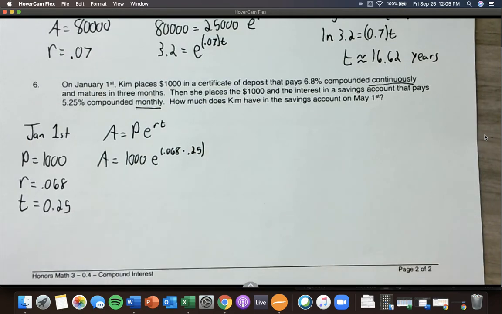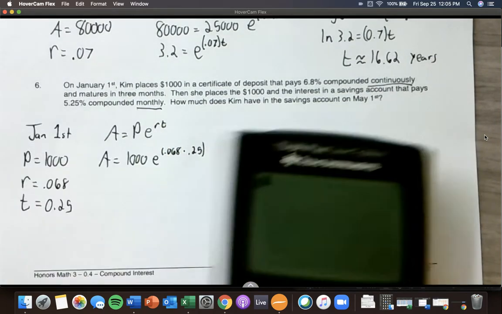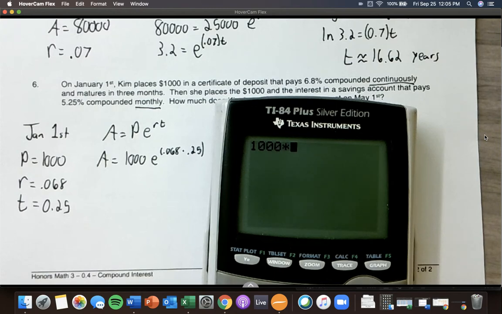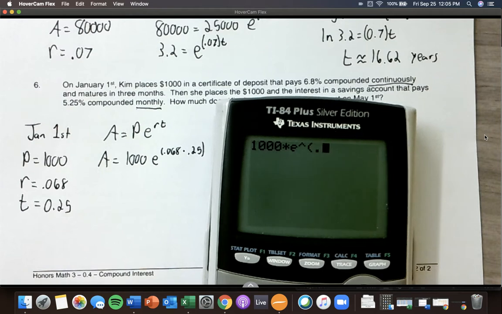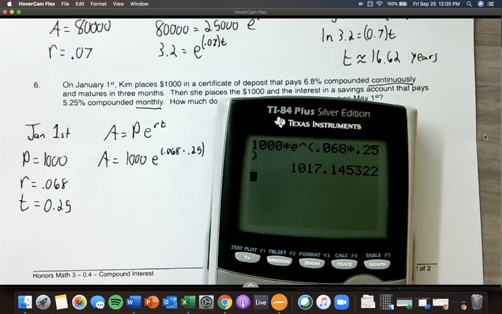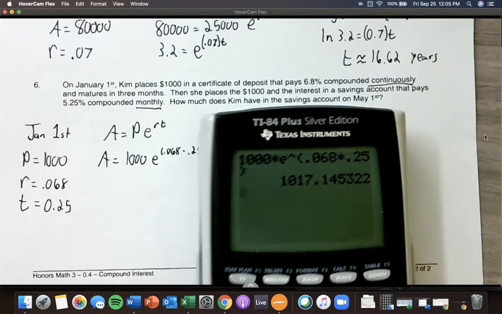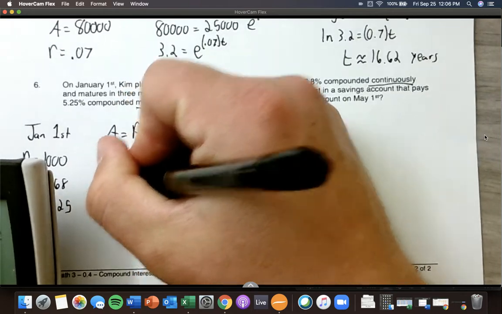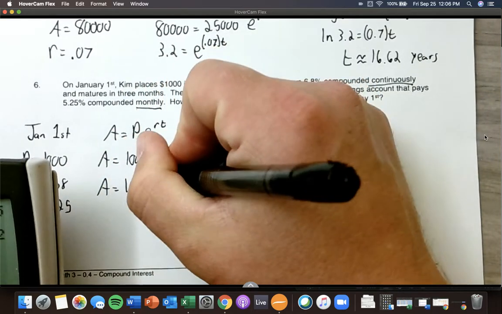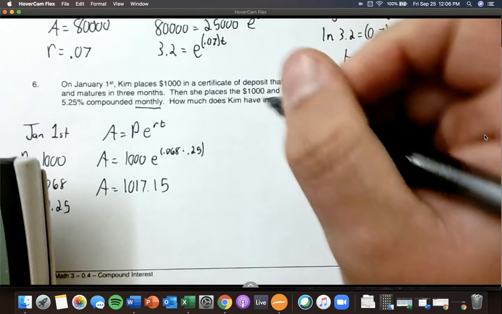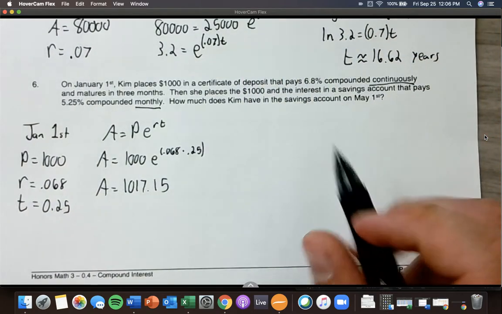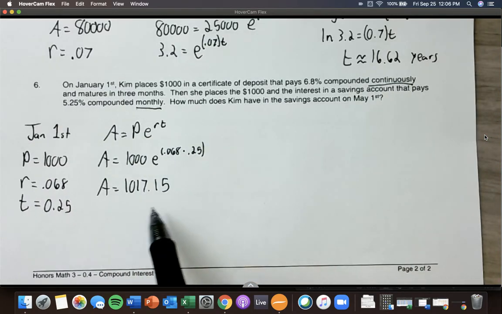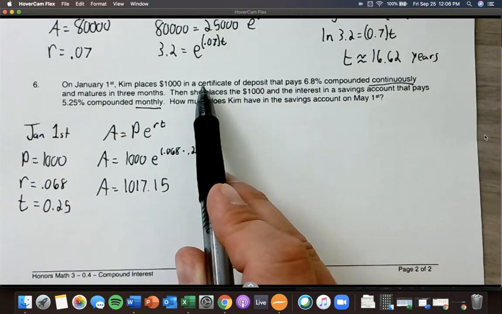We plug that into our calculator: 1,000 times e raised to the 0.068 times 0.25. And we get 1,017.15, sorry. All right, so that's how much she made in the certificate of deposit.